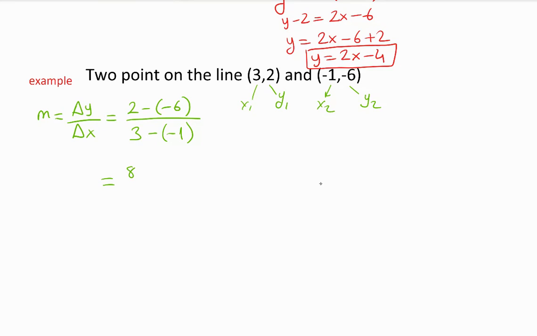So it is 8 over 4, which is 2. So I find m equals 2.